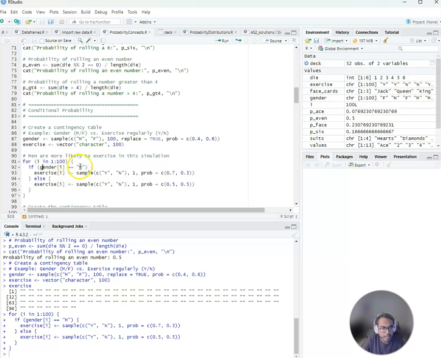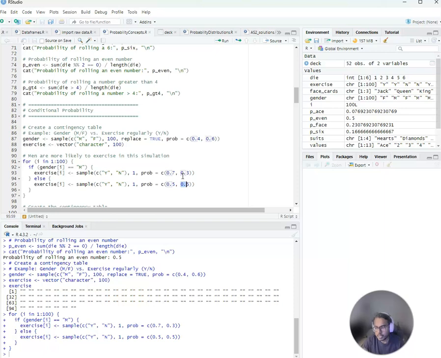If it is M, then the corresponding exercise observation will be either Y with a probability of 0.7 or N with a probability of 0.3. Otherwise, that entry will be from a vector of Y, N, where Y will have probability 0.5 or N with probability 0.5.